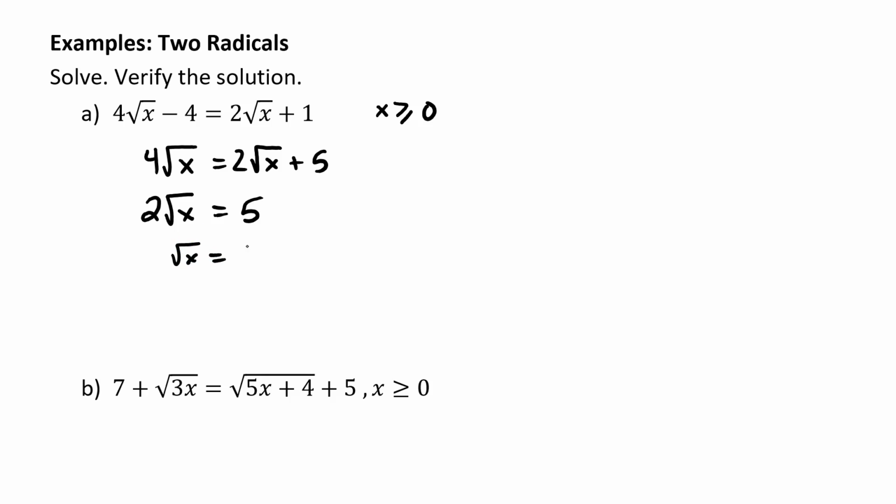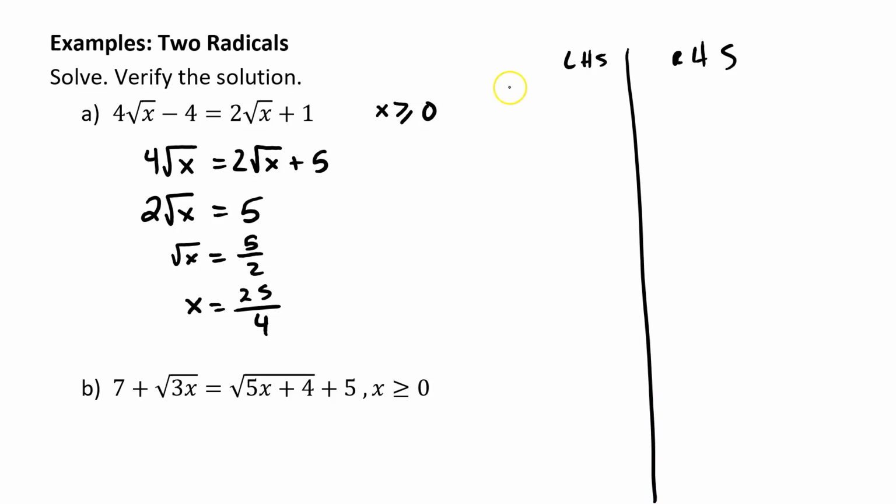Root x equals 5 over 2. Square both sides to get x. X equals 25 over 4. Great. So now we are going to verify. Left-hand side, right-hand side. My left-hand side is 4 times the square root of x, which is 25 over 4, minus 4.